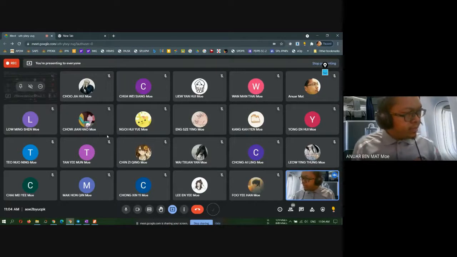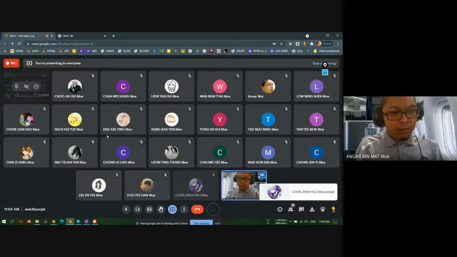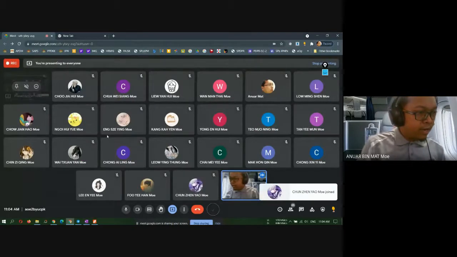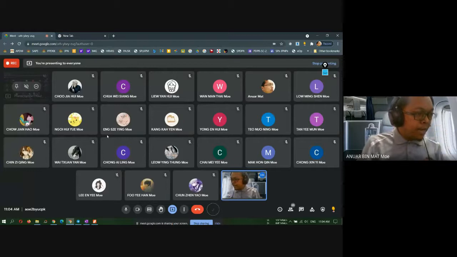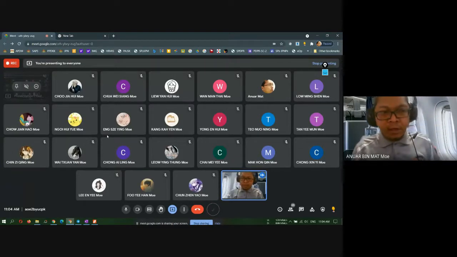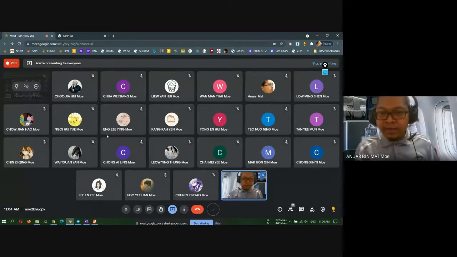Page 106 is very easy, very straightforward. Page 107 also has very straightforward answers. You just need to identify the parts of a lever, and also identify the classes of lever, whether it is first class, second class, or third class.